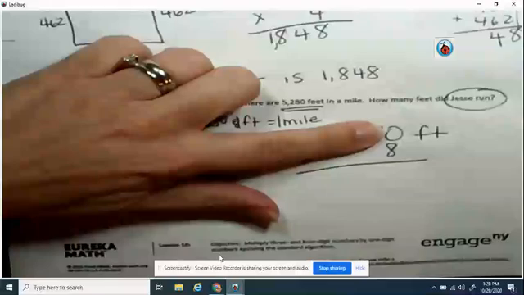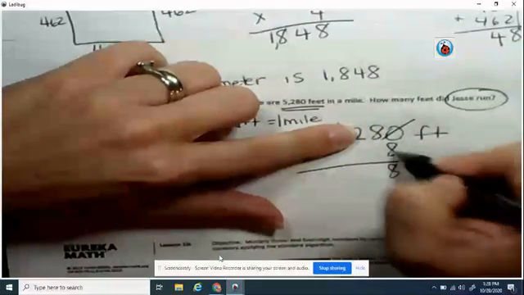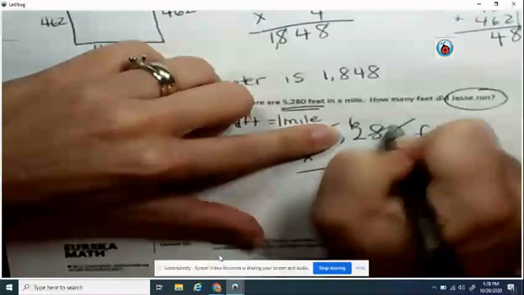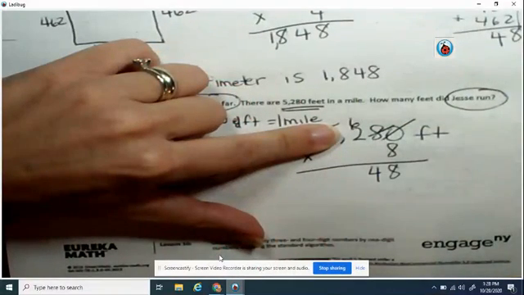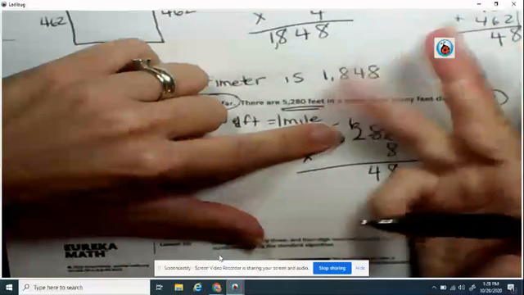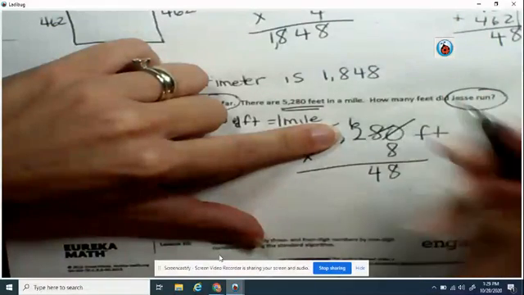Start with our ones place. 8 times 0 is 0. Scratch that off, we're done. 8 times 8 is 64. Put the 6 up here, we're done in our tens place. 2 times 8 is 16, 17, 18, 19, 20, 21, 22.